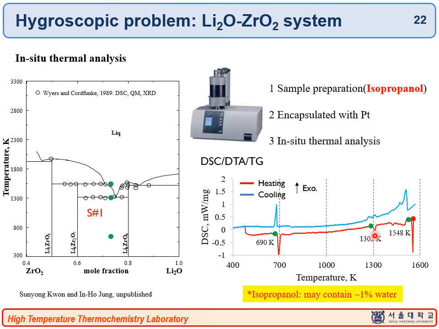So we did many other analyses, including in situ XRD, and found out that the small water in the isopropanol alcohol used in the sample preparation can contaminate the sample and make a hydroxide. And this hydroxide, unfortunately, cannot be evaporated during the pre-annealing treatment at 800 degrees Celsius, and this can induce a strange phase diagram like this.